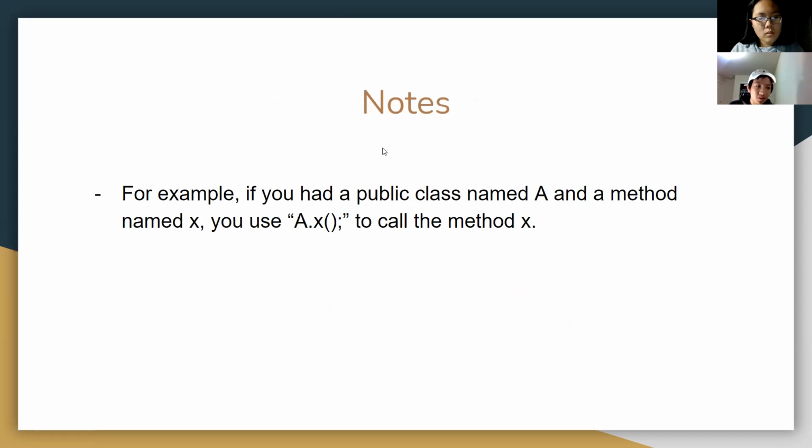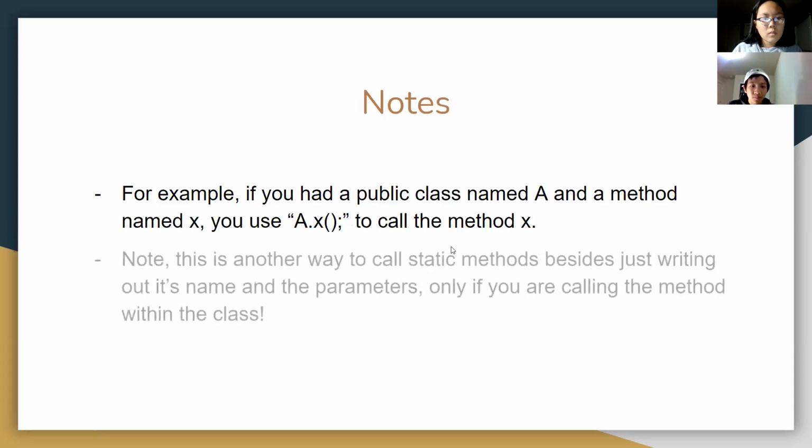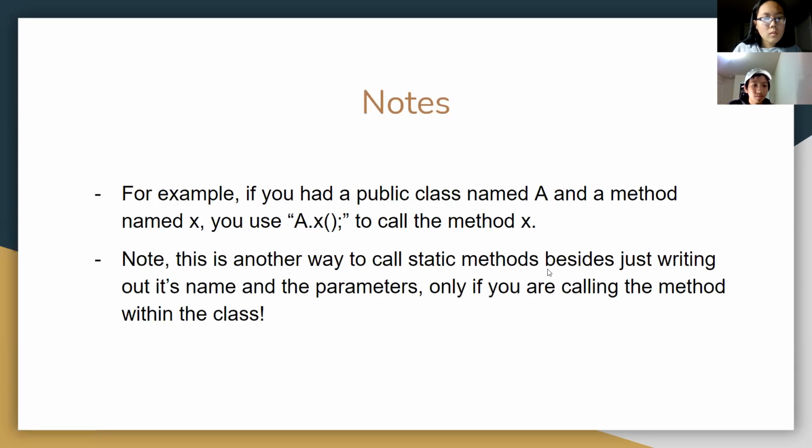To call a static method, we put the class name, in this case A, then the dot or period, and then the static method name, in this case X, then parentheses and the semicolon. This is how you would call the method X. Note, this is another way to call a static method besides just writing out its name and the parameters, but only if you're calling this method inside of the class.